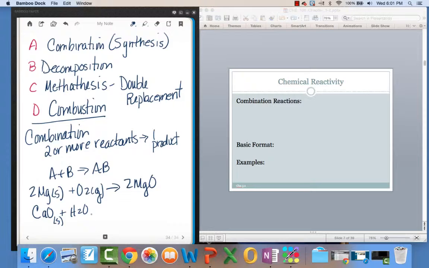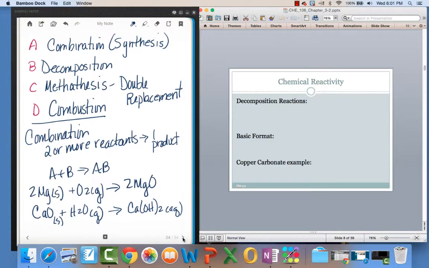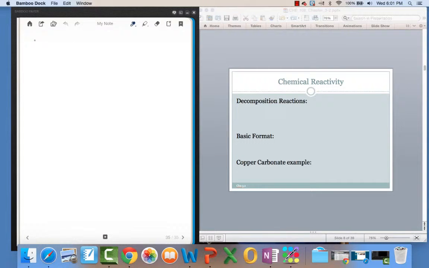So you will learn this year in one of the units that any metal oxides, when added to water, will make a base. So that's combination. Decomposition. Often referred to as the opposite of synthesis.